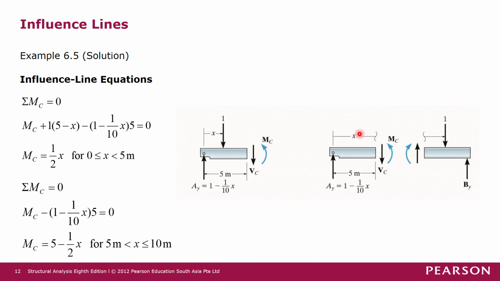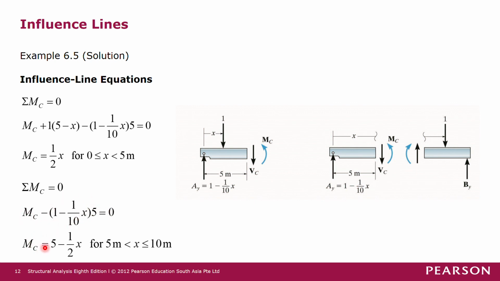And then when x is greater than 5 meters and smaller than 10 meters, meaning this one unit force has moved beyond point C, in this cross section you don't see the one unit force here already, it's on the other side of the free body diagram. So if we sum moment at joint C, we have MC minus AY times 5 equals 0.